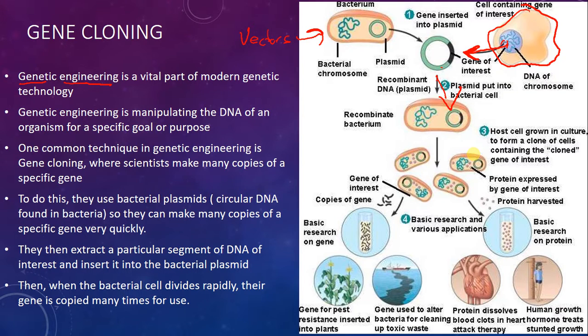After they reproduce for however many generations, we can harvest the protein from the bacteria, because the bacteria transcribed and translated that gene into protein inside of it. We can harvest that and use it for various research applications, or various environmental or industrial applications. So gene cloning is extremely important for our genetic engineering potential as a society.